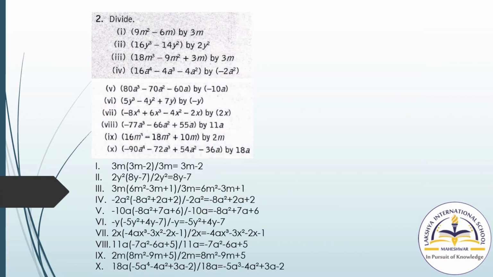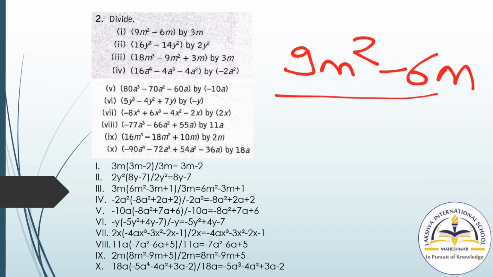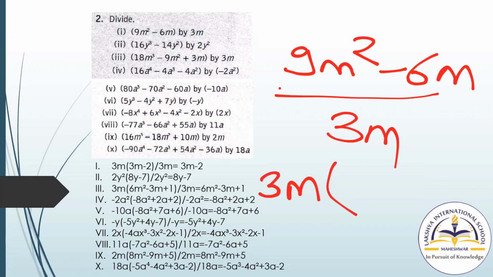Now question number 2, divide 9m square minus 6m by 3m. Now here how can we solve them? 9m square minus 6m by 3m. Okay, so here what we have to do is take 3m common from the numerator. Now how can we take the common?